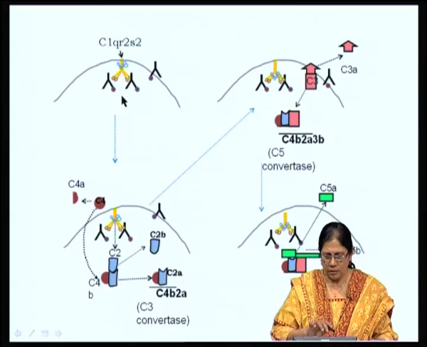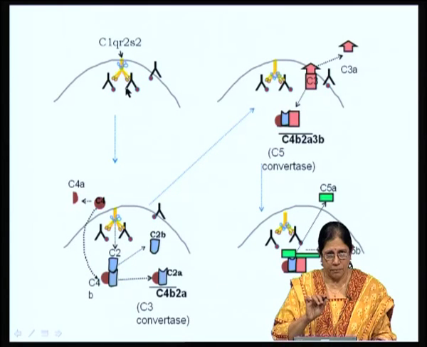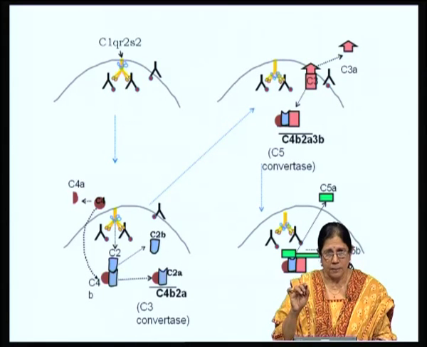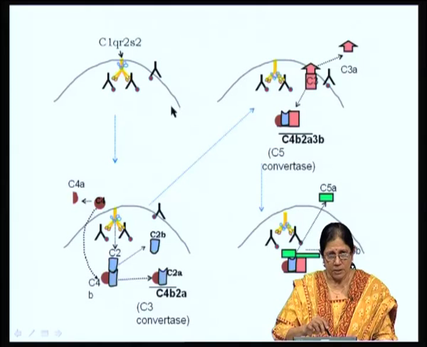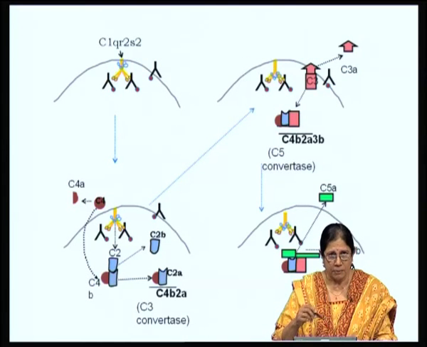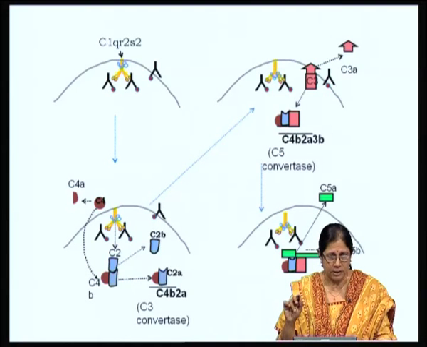Now, it is also important here to remember that IgM is a better activator of the complement cascade. If you remember the table that I showed in the last lecture, IgM is much more efficient in activating the complement cascade as compared to any one of the subclasses of IgG.